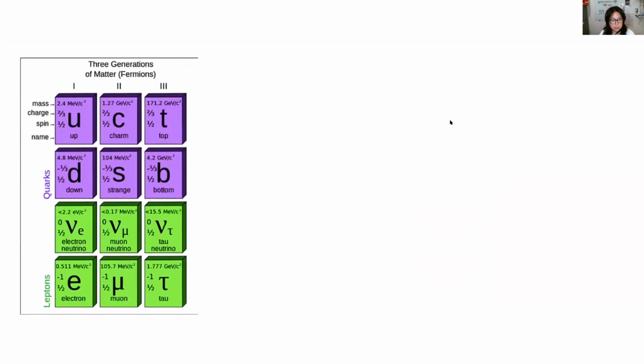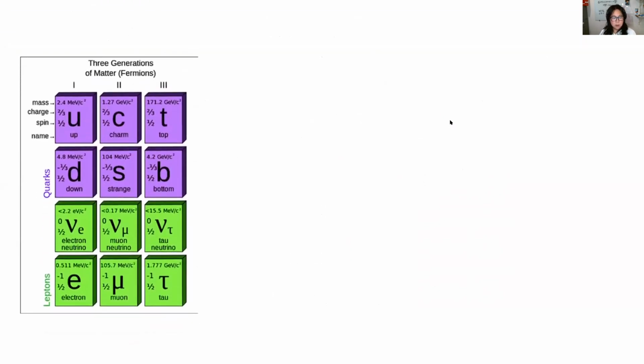And here is the picture of the quarks, the table I was just telling you about. As you can see, the electron is in a category called leptons, and these green ones are all leptons. So the purple ones and the green ones are the fundamental particles.